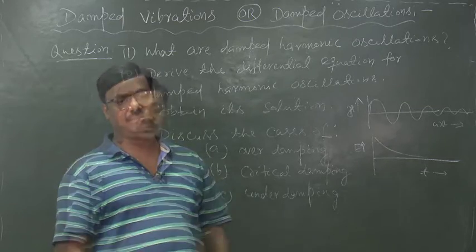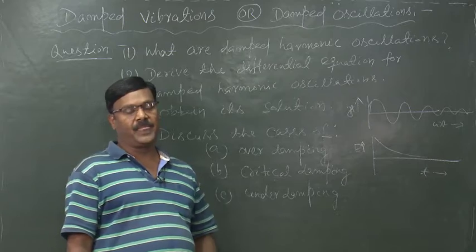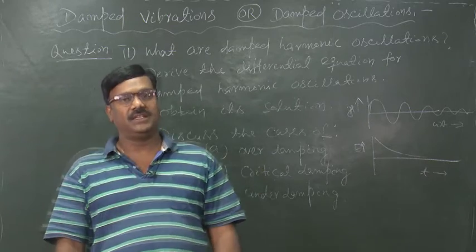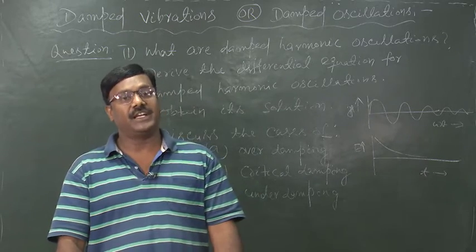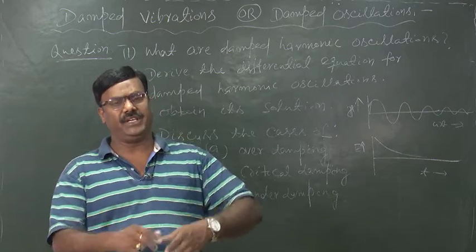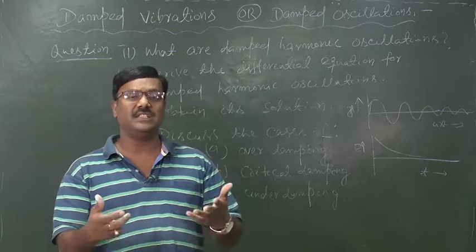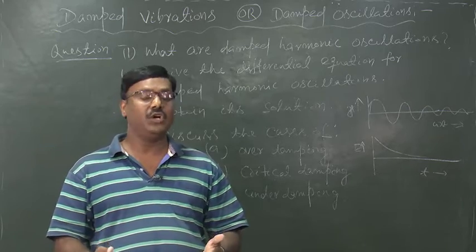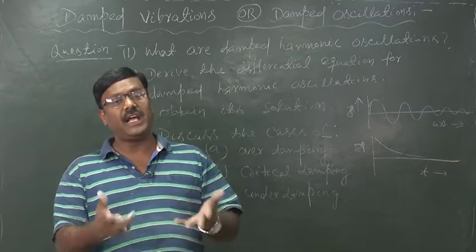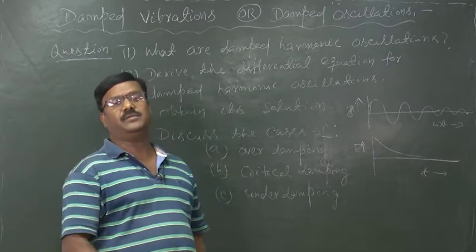So the swing stopped oscillating. Now the question arises: if our air medium is an opposing or resistive medium, then any body oscillating in this medium will have damped oscillation, and it cannot be undamped.